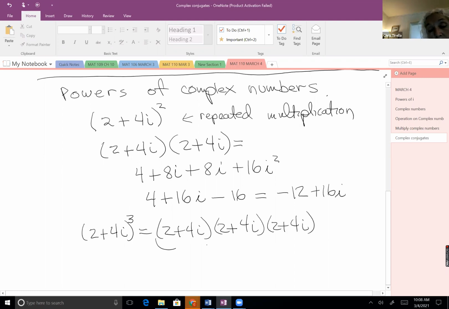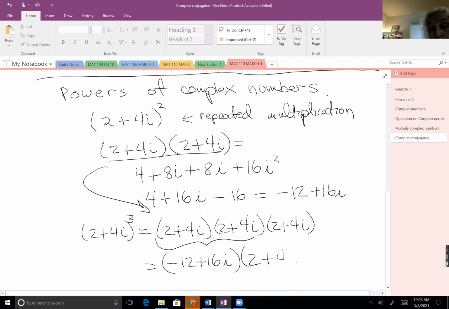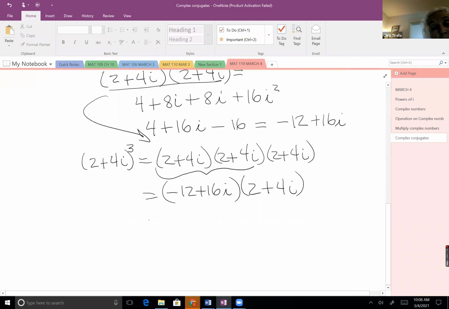I'd have to multiply these two, which I did already above. And so that would give me the negative 12 plus 16i. And then I'm going to multiply that by the third factor of 2 plus 4i. And again, I would use either repeated distribution or FOIL.